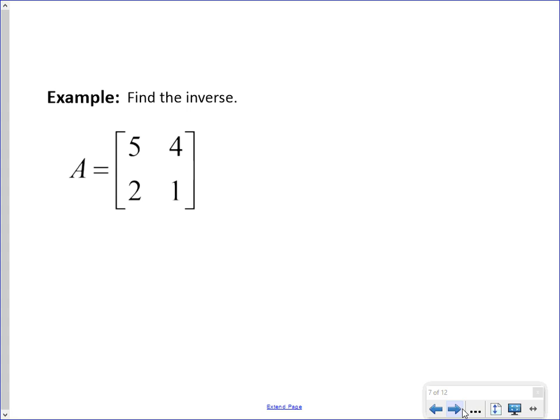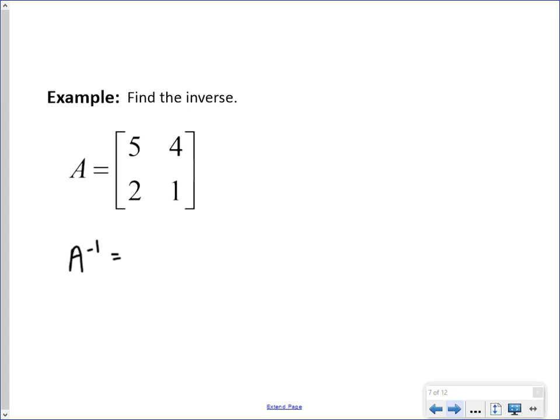We're going to find the inverse for this matrix A. It is first row 5, 4, second row 2, 1. I'm going to use my notation for the inverse of matrix A, which looks like A to the negative 1.